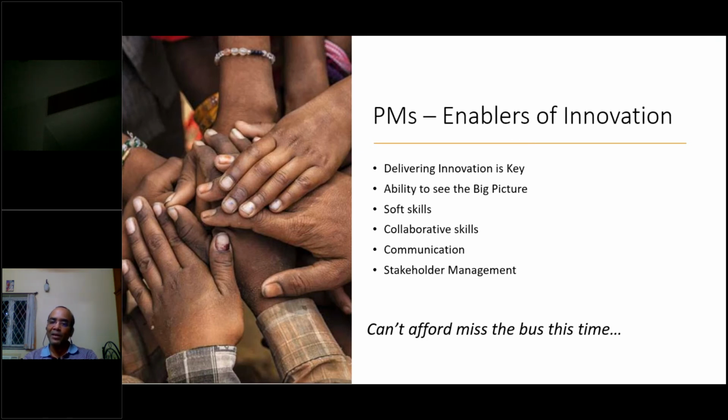Delivering innovation as a result of R&D, as well as taking it all the way to commercialization, is something that a project manager is very well versed or capable of doing, especially somebody who has the ability to see the big picture, who has all the PM skills in terms of the triple constraints and all that goes with that, meetings, task lists and progress.